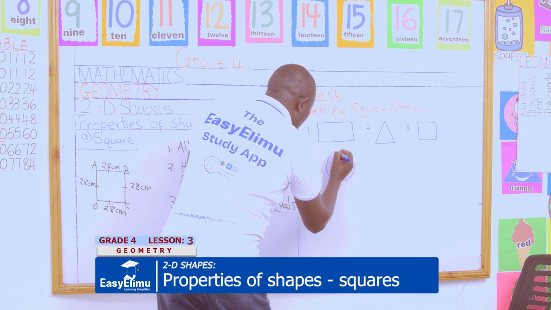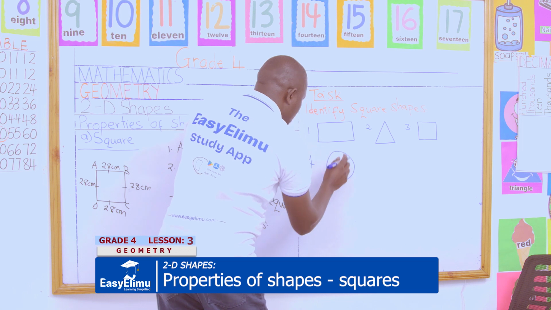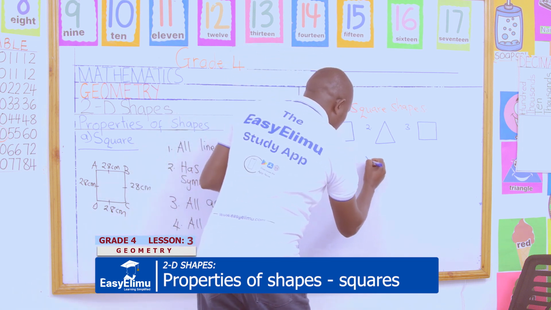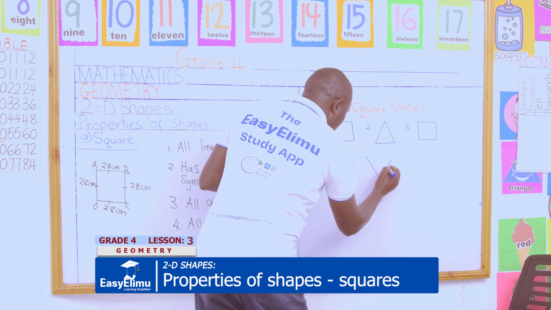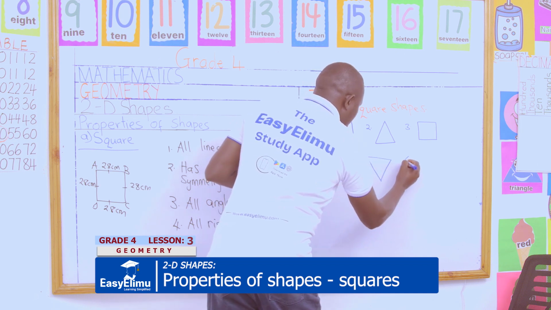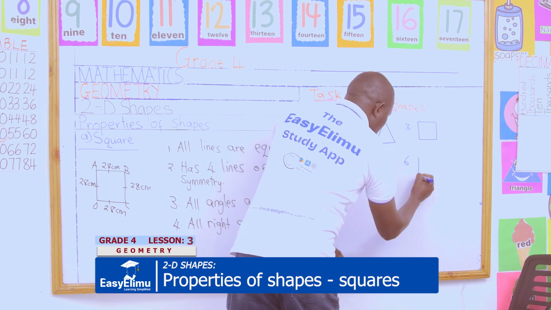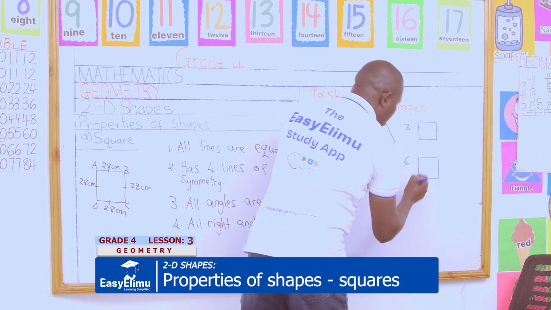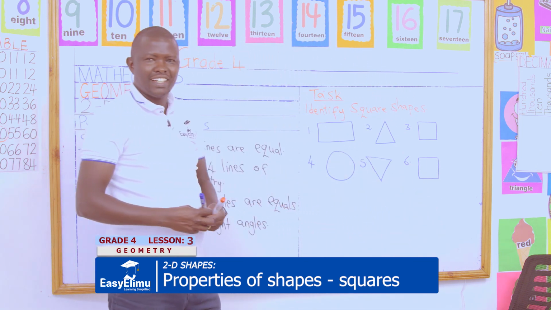Confirm using the properties that we have learned whether this is a square or not. You can also confirm, number 5, whether this is also a square. And the last one, you confirm which is a square by observing the properties of a square.